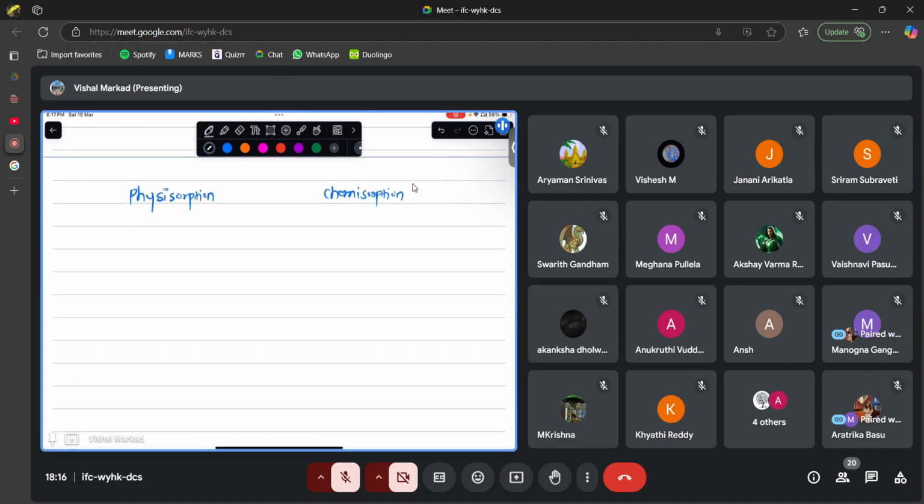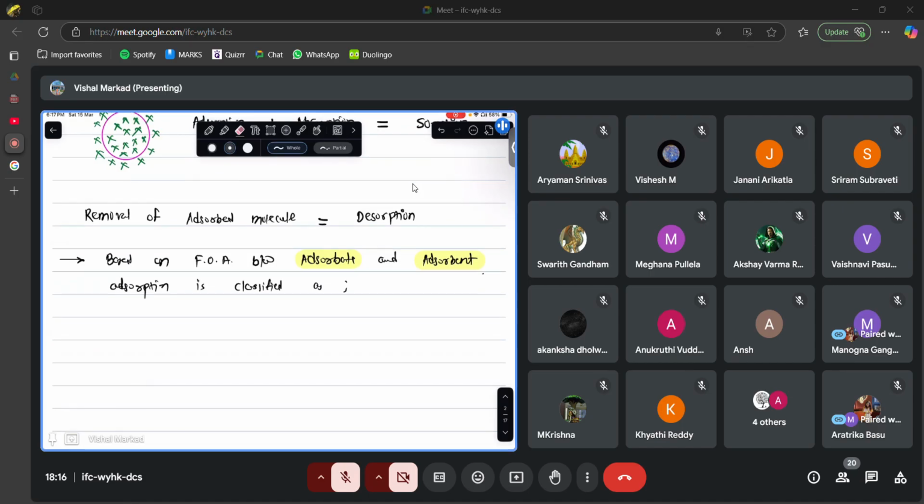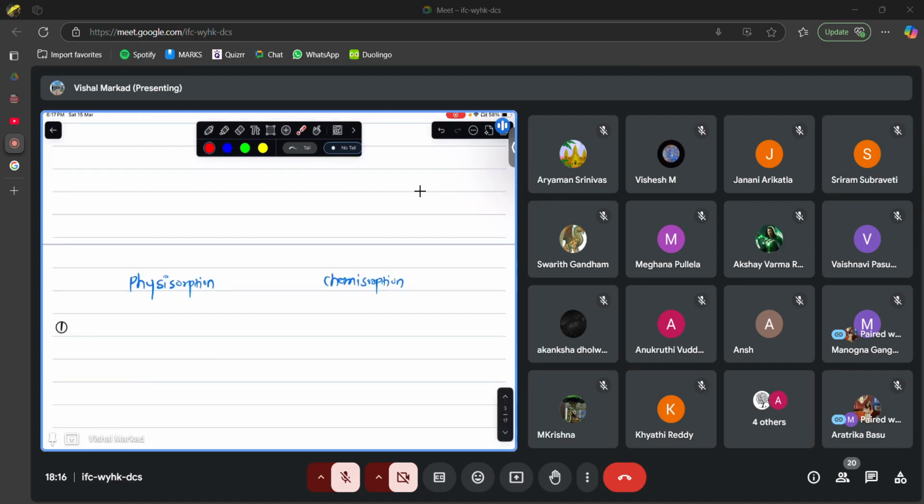Okay. Now, what do you think? Which one will be strong and which one will be weak? Chemical would be strong and physical is weak. See, how we classified them, physical adsorption and chemical adsorption, based on the force of attraction between adsorbate and adsorbent. The force of attraction is stronger in case of chemical adsorption.